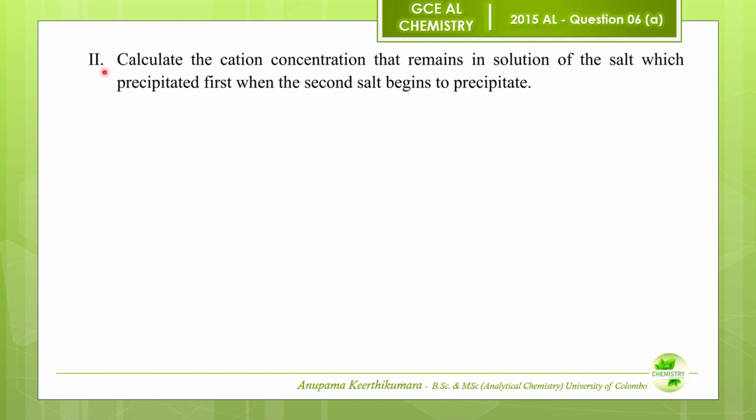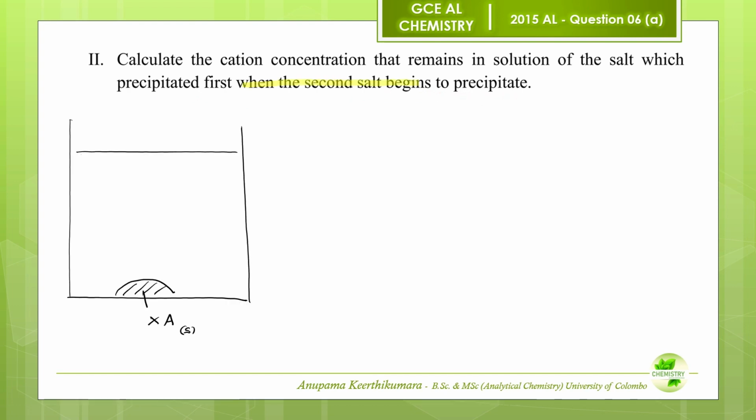Question number 2, part 2. Calculate the cation concentration that remains in solution of the salt which precipitated first when the second salt begins to precipitate. When the second salt begins to precipitate, concentration of Y plus ions is 0.1 moles per cubic decimeter, but the concentration of X plus ions is unknown.